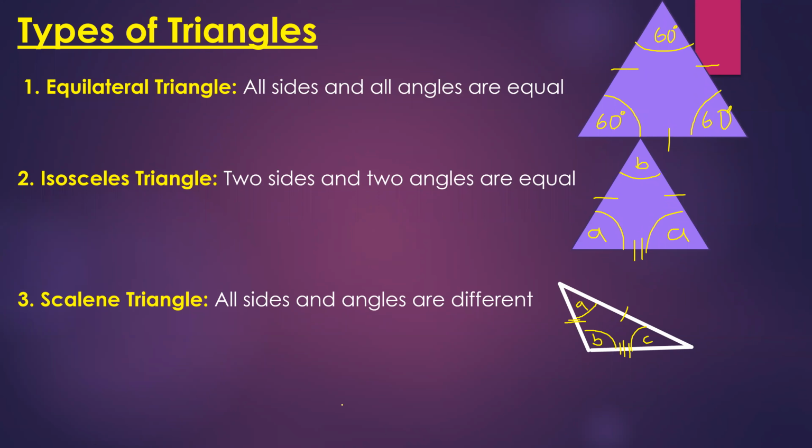Very good. Demarion, tell me the 3 different types of triangles. Equilateral triangle, isosceles triangle, and scalene triangle. Very good. The question is for Destiny. What do we know about the scalene triangle? All sides are different. Very good. What do we know about the isosceles triangle?